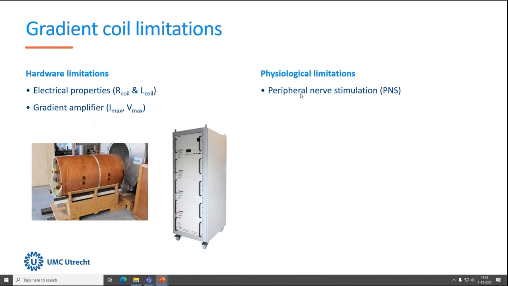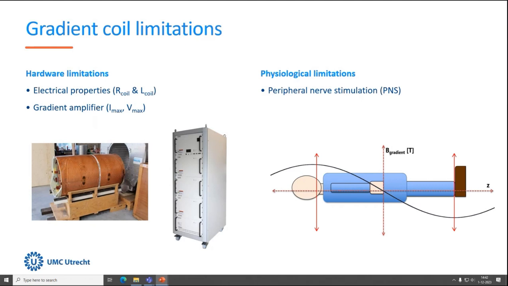A physical effect that limits our boosting of the gradients is peripheral nerve stimulation. You might have encountered this. Diffusion scans are notoriously affected by this. So biology will also limit our ways of boosting the gradients. What is peripheral nerve stimulation?